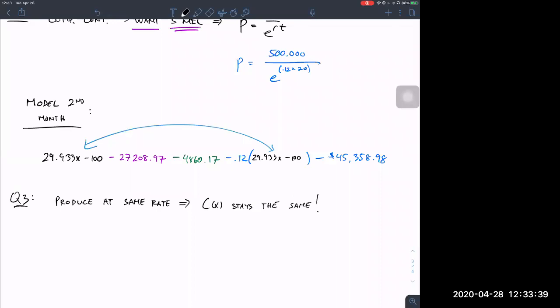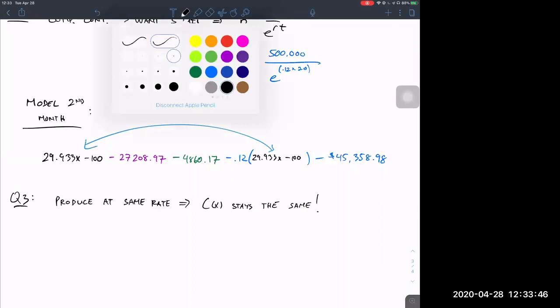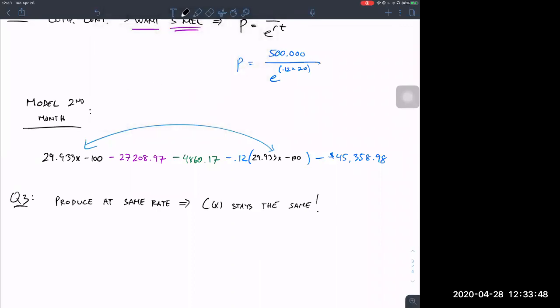That's why I take the moment to say each kit produced can now be sold for $40. What that implies is that, which implies an increase in the revenue function.